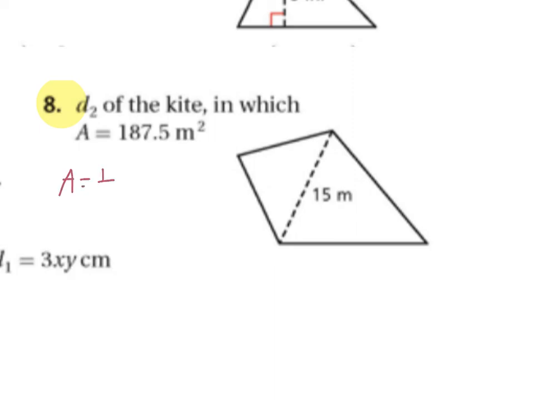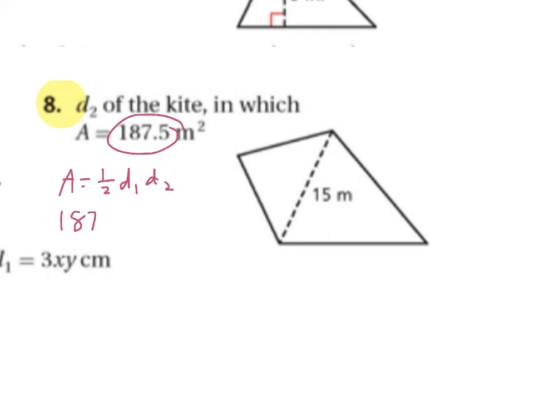So the area is 1/2 diagonal 1 times diagonal 2. Now remember, this is the same area formula that we use for a rhombus. So this is the area of a kite. So it gives us that the area is 187.5. So we just put that in for A.